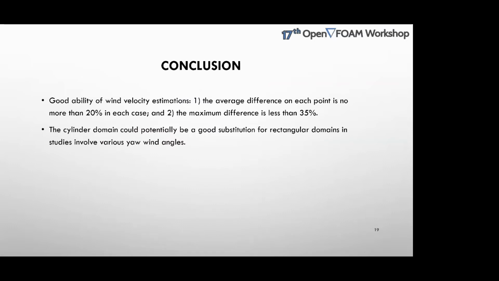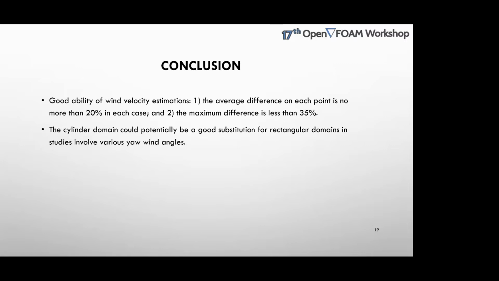Finally, here come the conclusions. After comparing the two domain results, we can see that the cylinder domain has a good ability to provide velocity estimations as well as the rectangular domains.